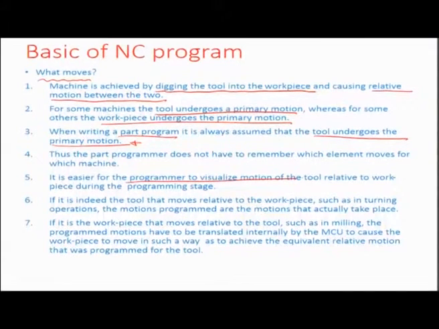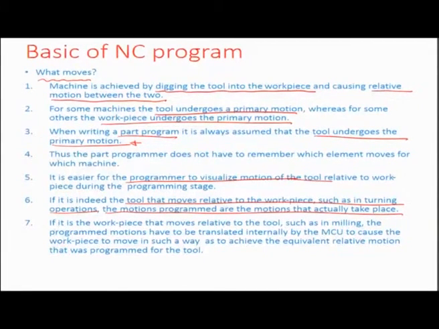It's easier for a programmer to visualize the motion of a tool relative to the work than the other way around. If it is indeed the tool that moves relative to the workpiece, such as in a turning operation, the motions programmed are motions that actually take place.